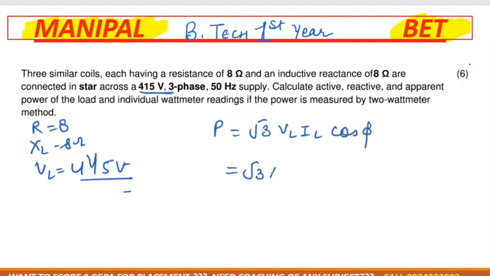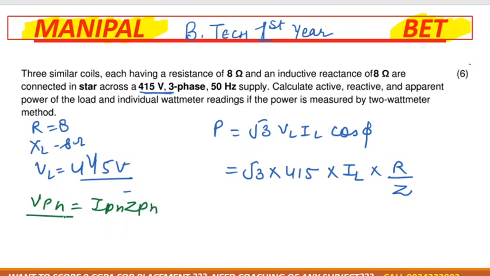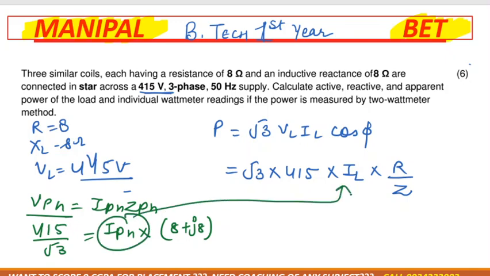Root 3 we know, VL is 415, IL we don't know, cos phi is R by Z. So for IL, you know the formula VPH is equal to IPH into ZPH. VPH is 415 by root 3, IPH you need to calculate, ZPH is 8 plus j8. IPH and IL are the same, so you can substitute the value, then you will get active power. Similarly, you can get reactive power and apparent power, right?